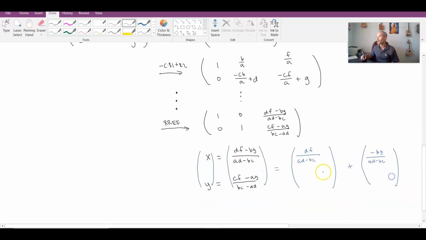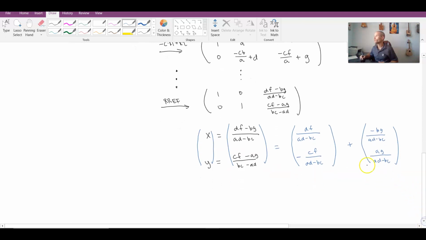And down at the bottom, I'm going to do the same thing, except I will have CF. Since BC minus AD is really just the negative of AD minus BC, I'll write AD minus BC and pull out a negative sign. I'll do the same thing over here: negative AG over negative AD minus BC, so that will just be positive AG over AD minus BC.